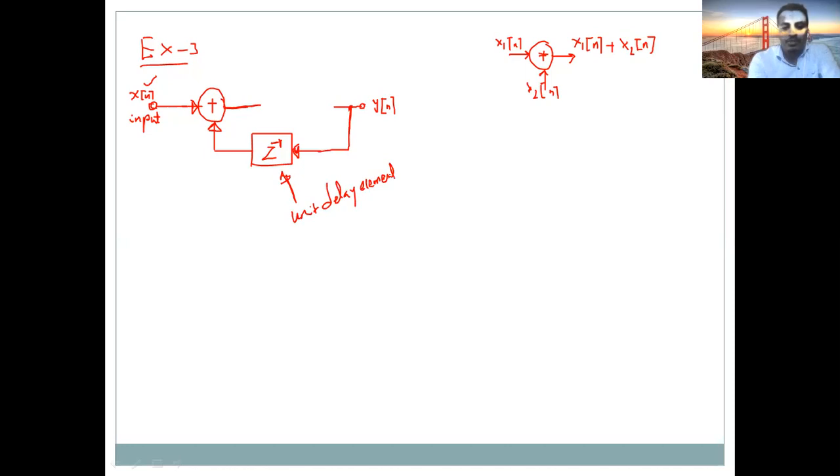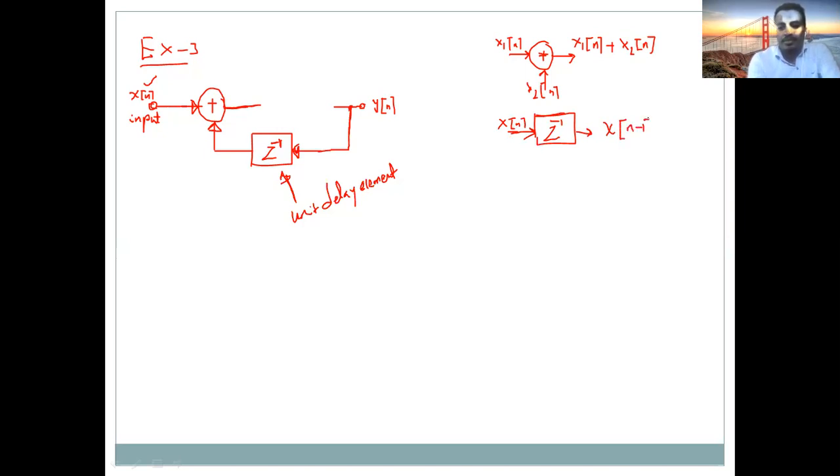So what is the function of this element? If you have this memory element, this is the symbol. If you give it a signal x of n, then the output will be the input signal just delayed by 1. What does it mean by delay?